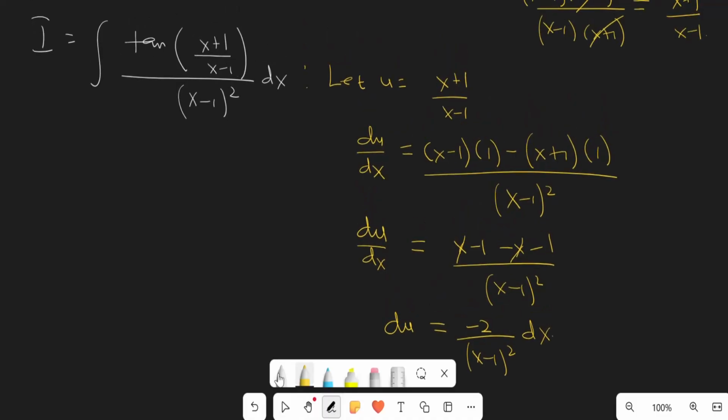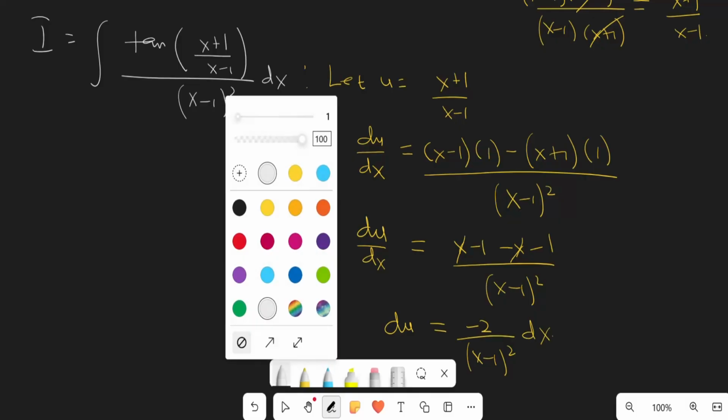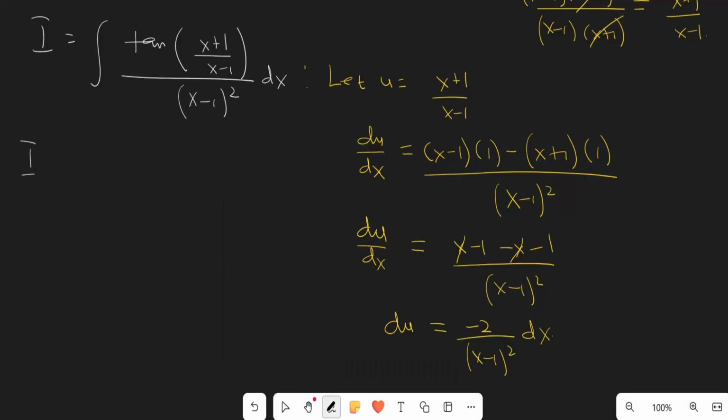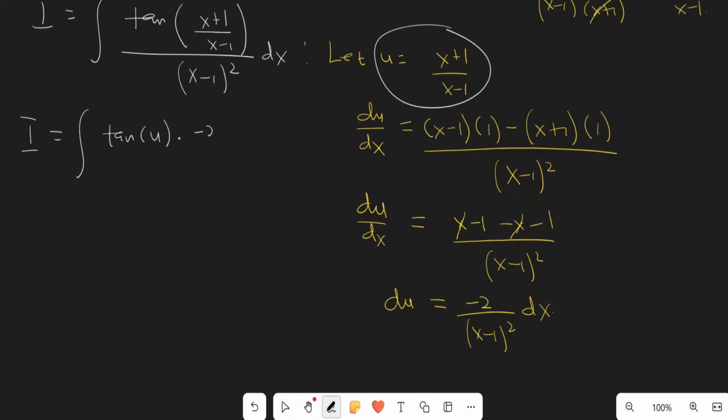With this one, look at what we now have. If we go back to our integral, I is going to be the integral of tan. Instead of (x plus 1) over (x minus 1), I'm just going to replace that with u, tan of u, and then I am going to write this one as negative 2 all over (x minus 1) squared, just by multiplying the integral by negative 2, and I'm going to nullify that by dividing by negative 2 all the way in front.